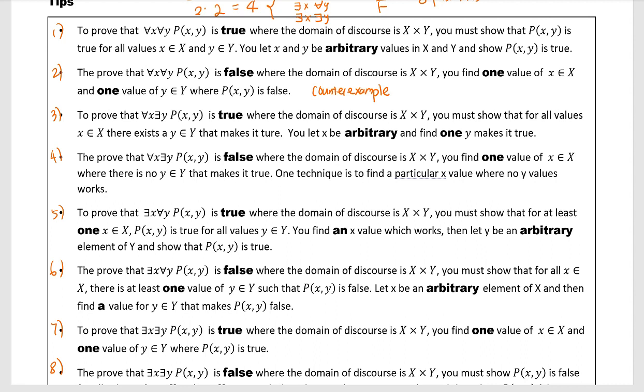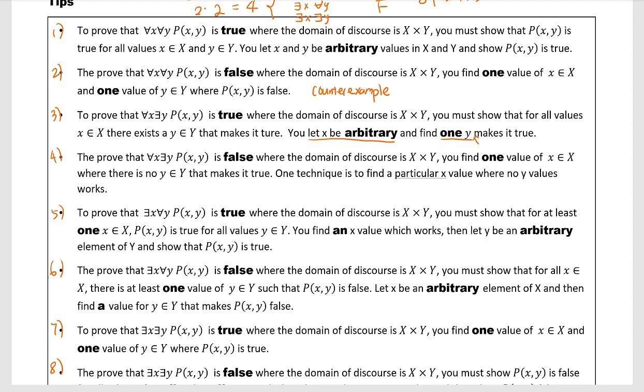Next, to show that for all x there exists y is true, you must show that for all x, there is a y that makes it true. So you start the proof by letting x be arbitrary, and then you find one y value that makes it true.